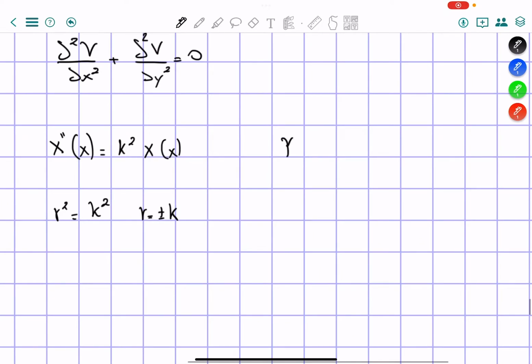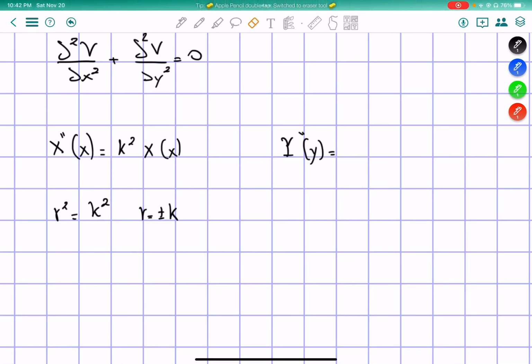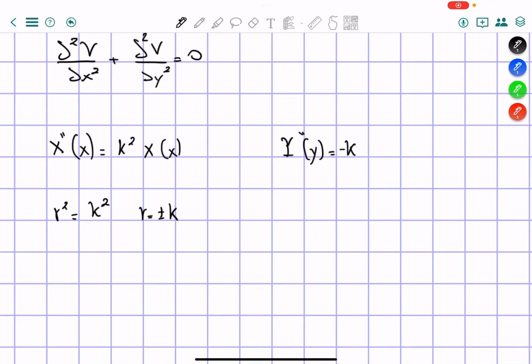Instead, for the y, Y double prime is going to be equal to negative k squared Y in terms of y. So if we solve this one, we get r squared is equal to negative k squared. So r is equal to ik.